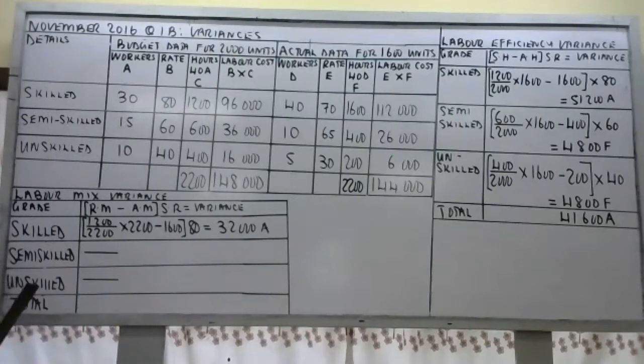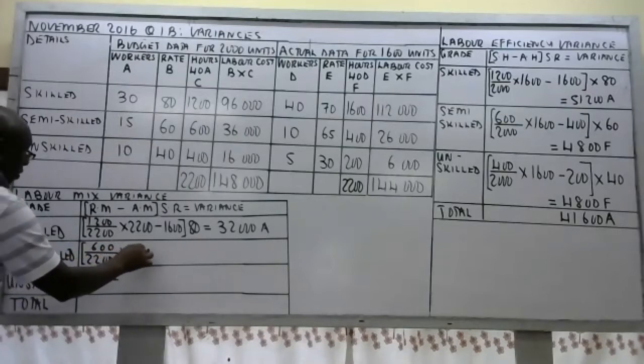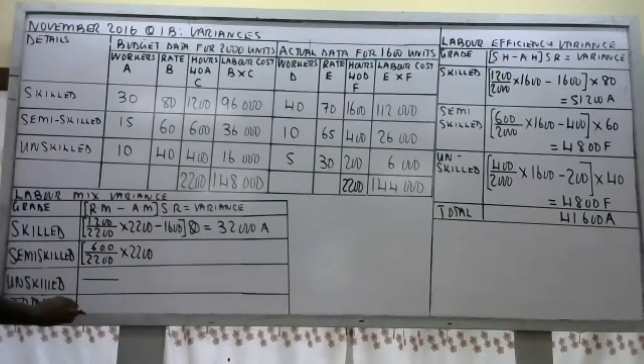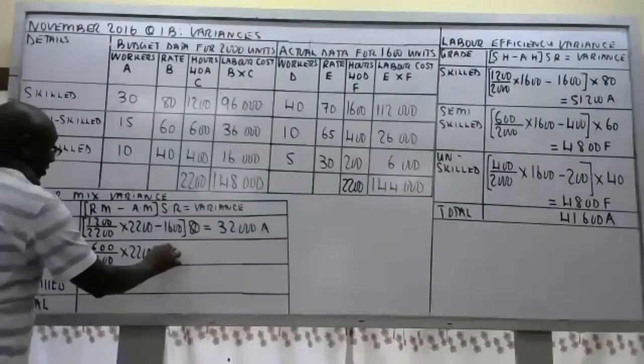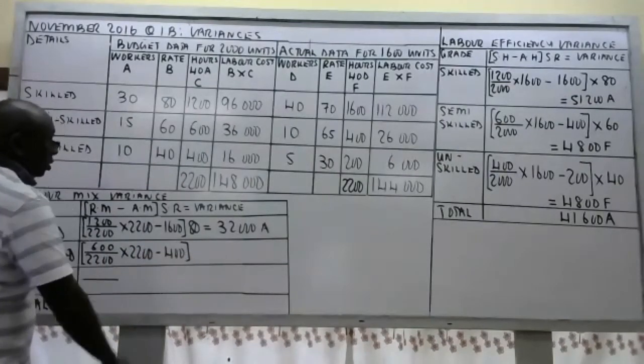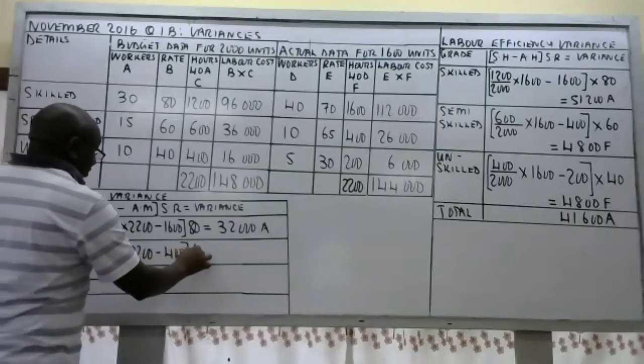You come and argue the same way for this other one. That we were supposed to have 600 in a total of 2,200. Multiplied by 2,200, that's the total, minus these 400, the actual, multiplied by the standard rate of 60.